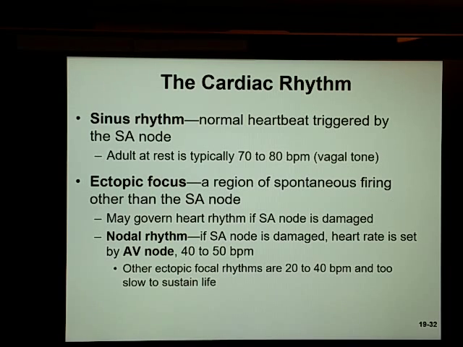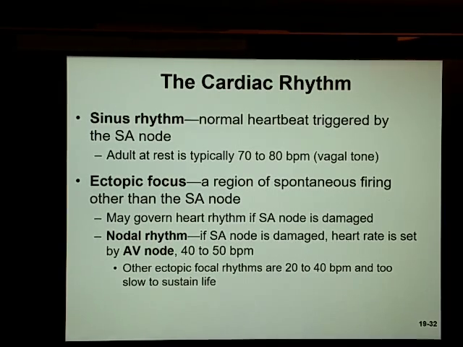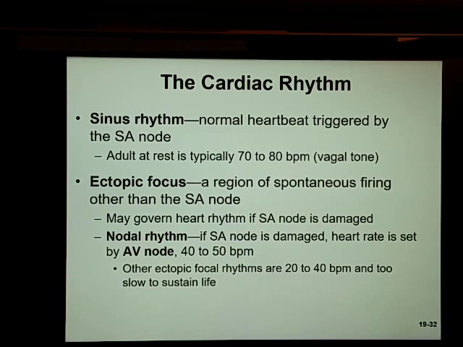Sometimes we can have what's termed an ectopic focus. This is where another area besides the SA node will determine the beating of the heart rate.